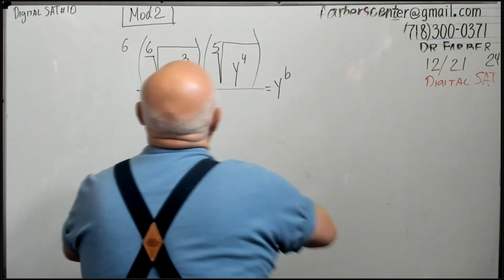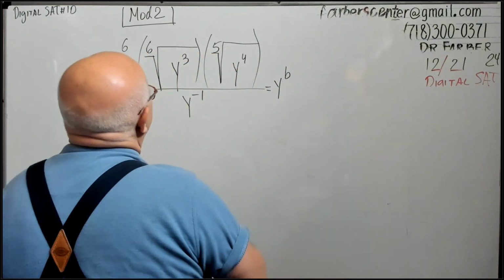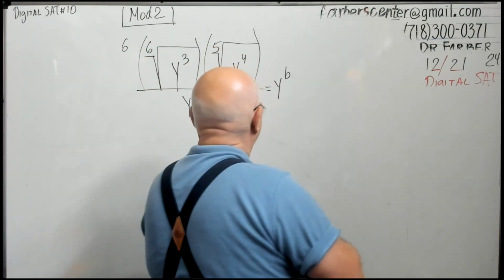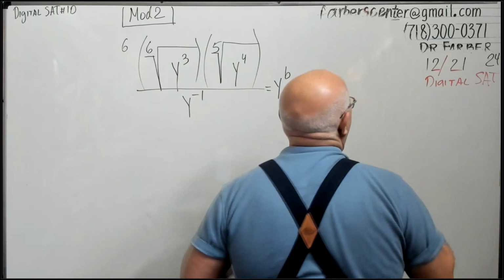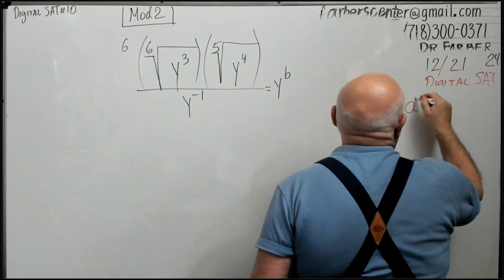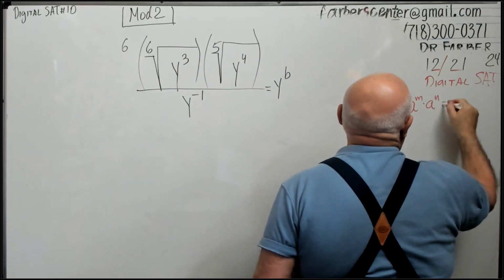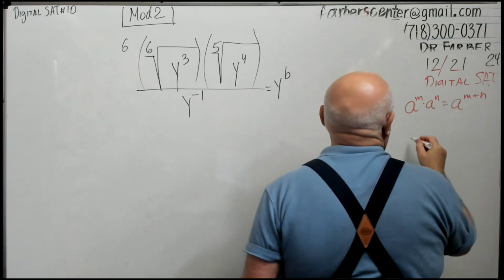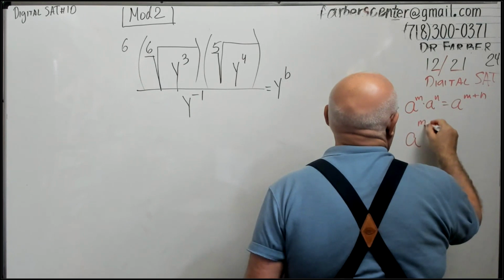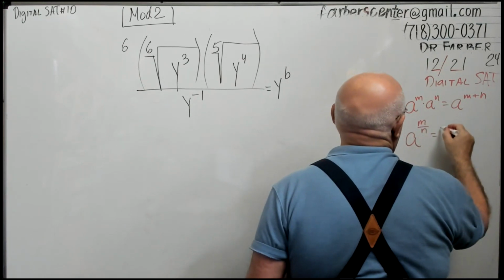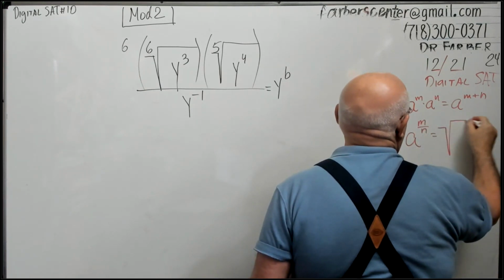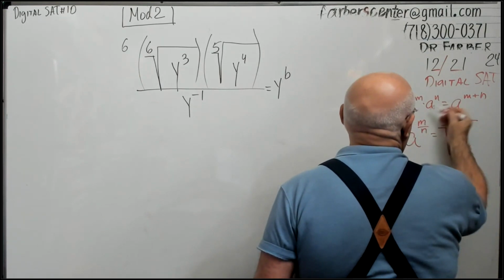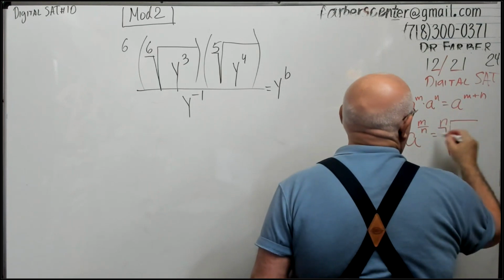I give you the formulas which you need. A to the power m times a to the power n is a to the m plus n. A to the power m over n, a fraction power, means the nth root of a to the power m.